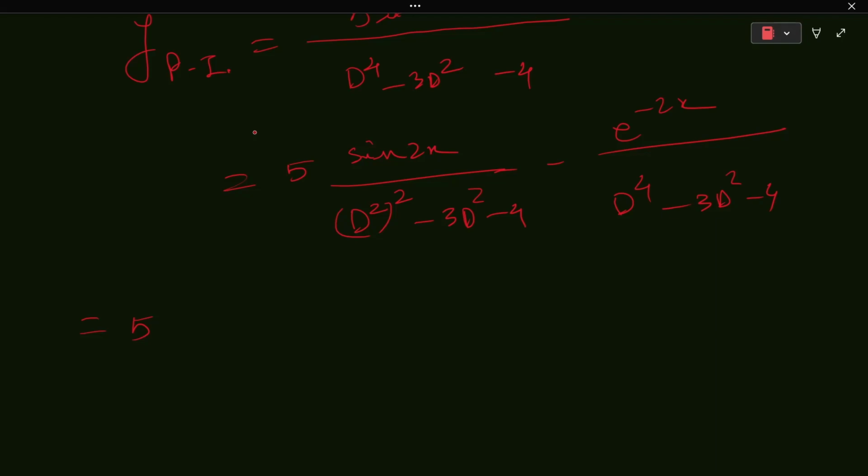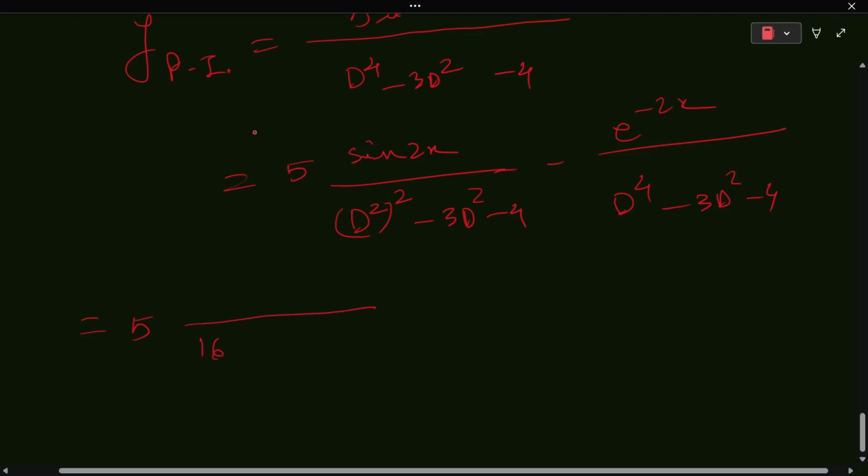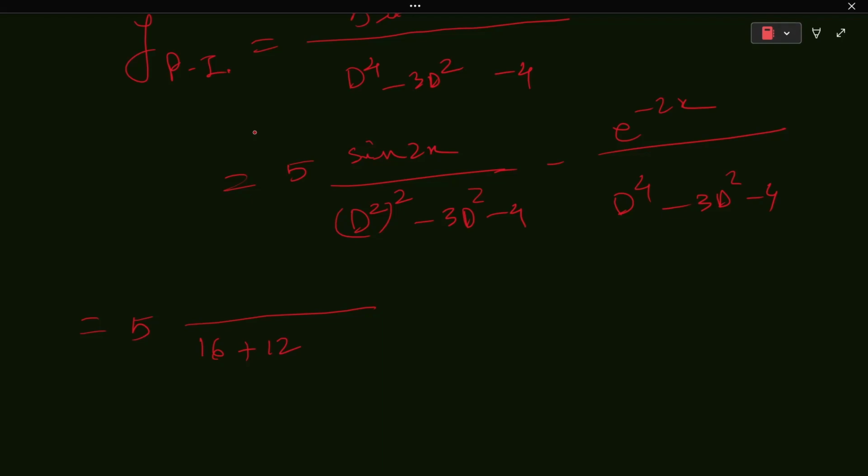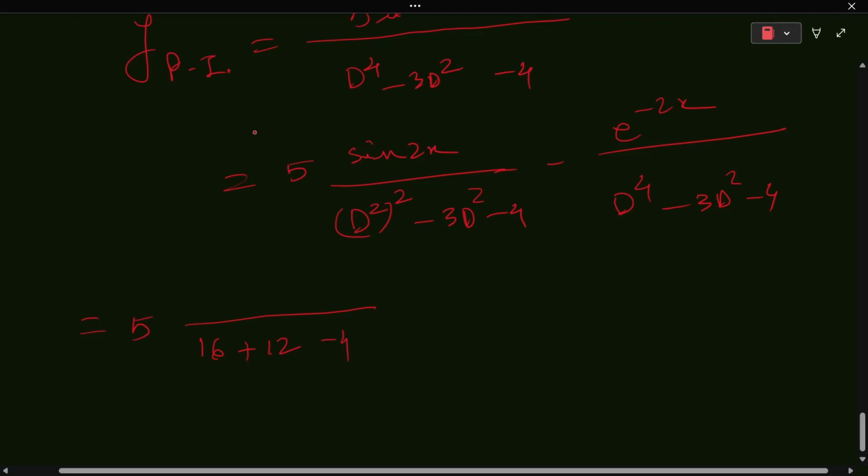Minus 4 the whole square means 16. So write it down: 16 minus 3 times minus 4, that is plus 12, and minus 4. So this is not equal to 0.